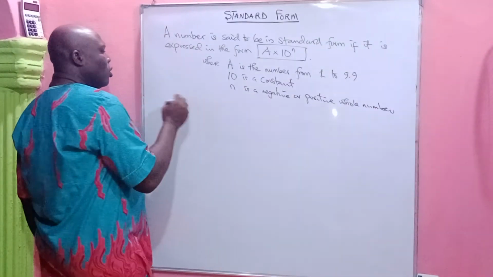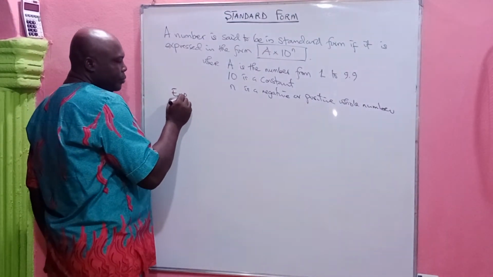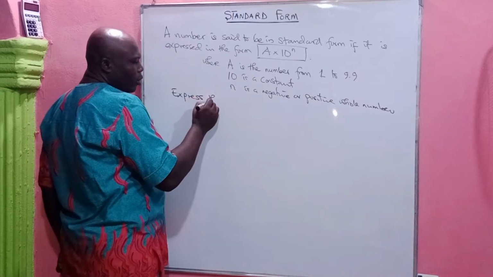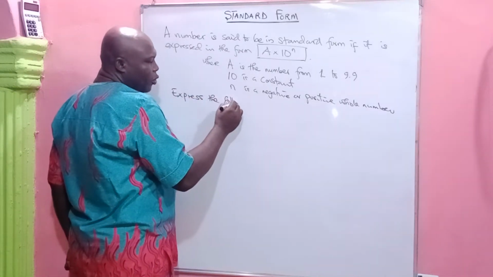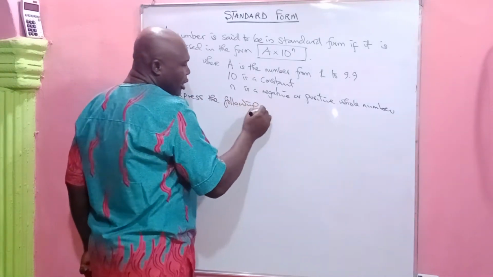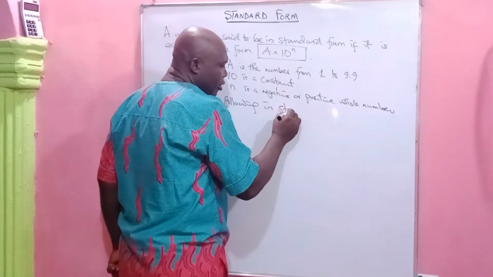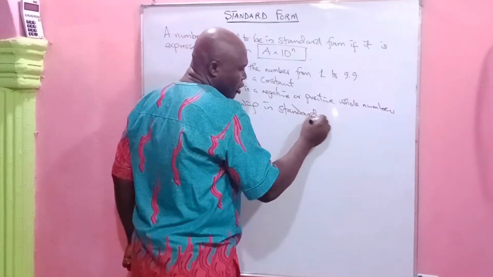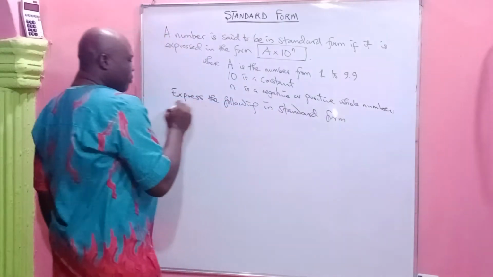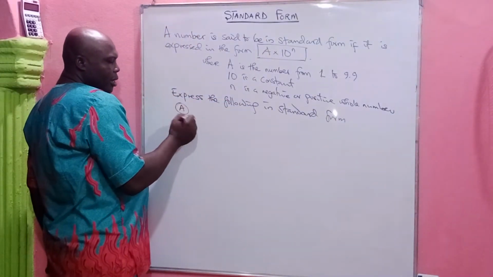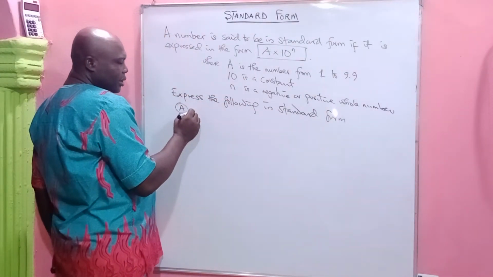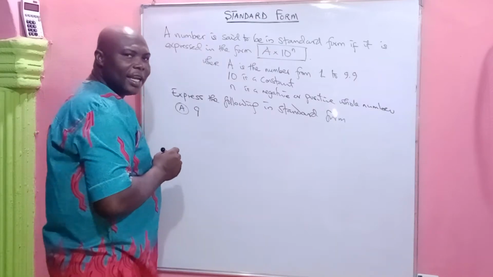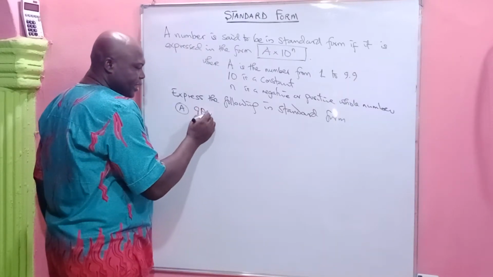A question might come, express the following in standard form. All right, so we've been given, let's say, a, 9,000.